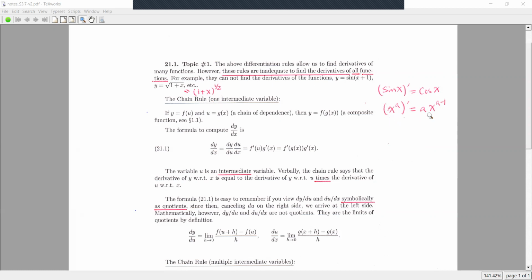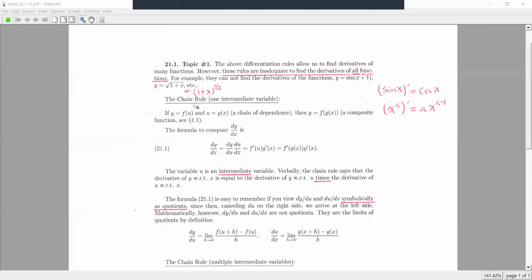But this formula requires the base to be x rather than 1 plus x. So we cannot apply this formula to this function. To find the derivative of this function and this function, we need these two formulas plus the chain rule.